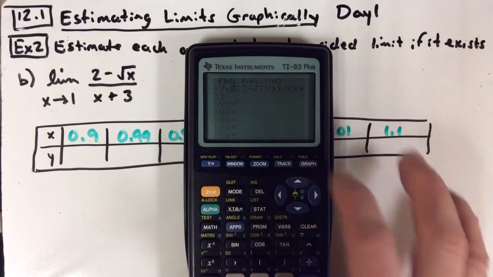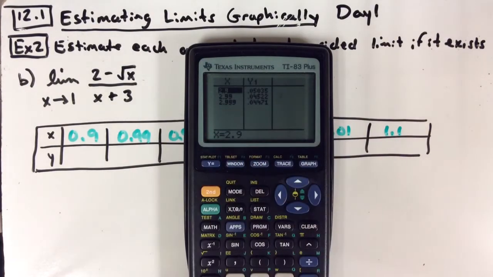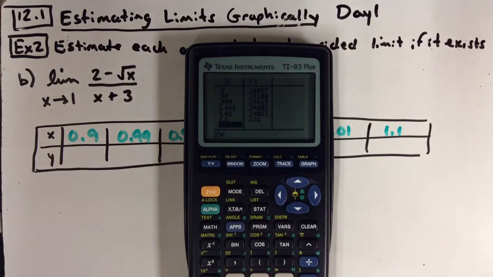I'm going to go in and type over the top of some old values and get all 6 of my x values for my table. So there are my 6 x values and corresponding y values.